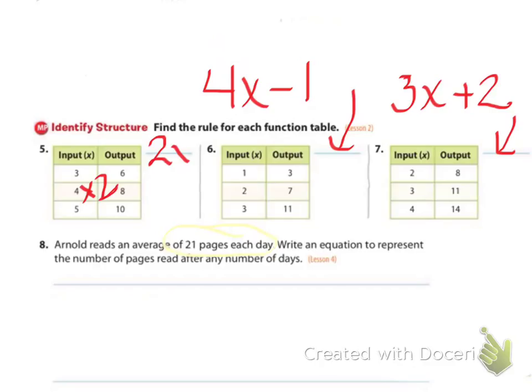You could say the number of pages that are read, P, equals 21 pages per day. D can be day. Okay? So the number of pages read equals 21 times D. That goes back to lesson 4.